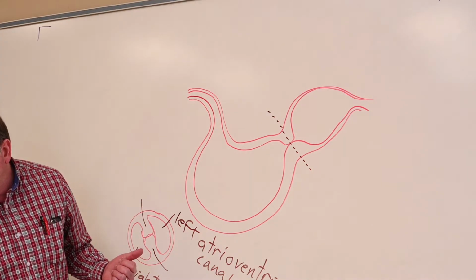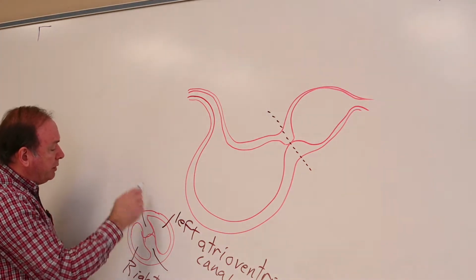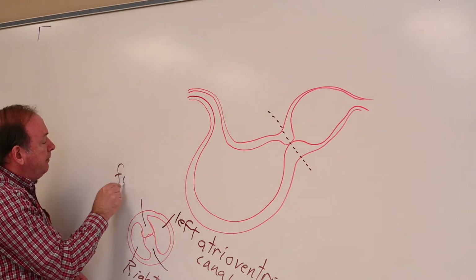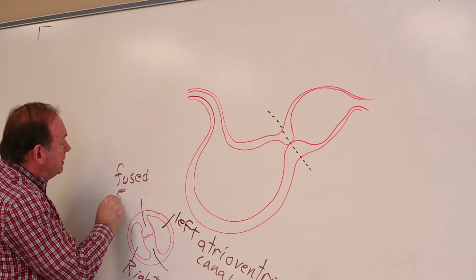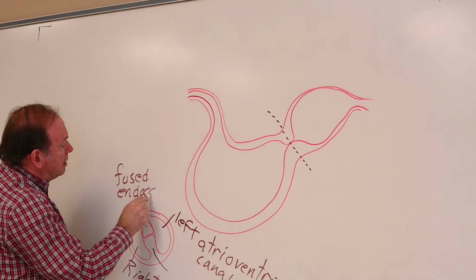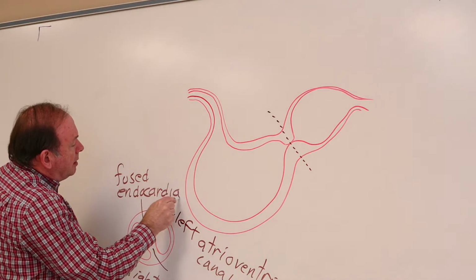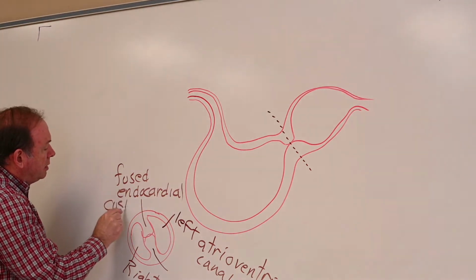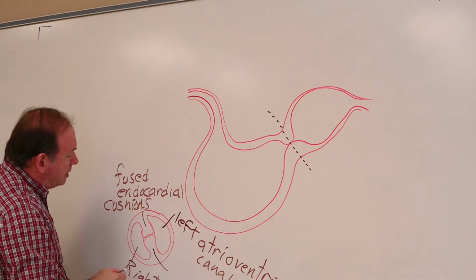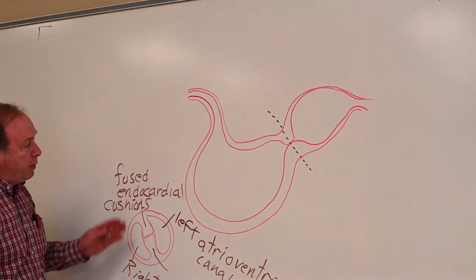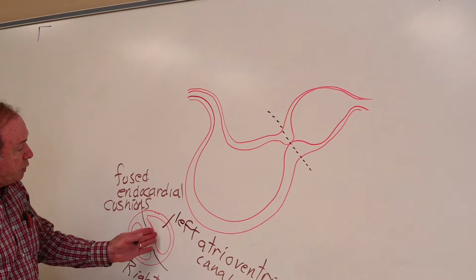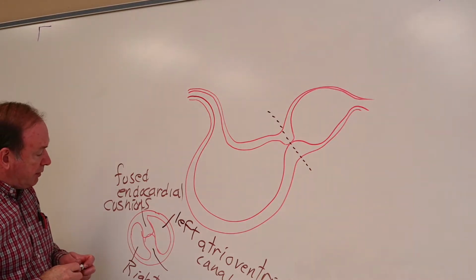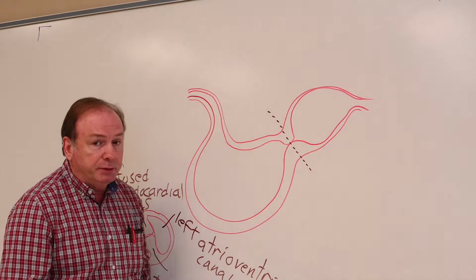And you have this complete septum from fused endocardial cushions right here. Grow across and separate these two passageways, the left and right atrioventricular canals.